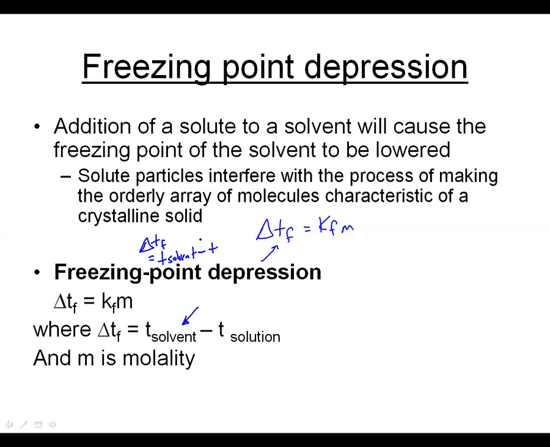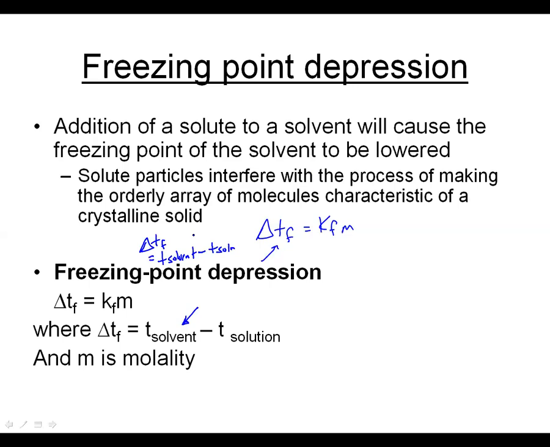So you want to go solvent minus solution when you're using the change in temperature of the freezing point. Otherwise, if you don't do it that way, you will get the negative sign when you should have a positive, or a positive when you should have a negative, or you may add when you should be subtracting, or subtract when you should be adding.